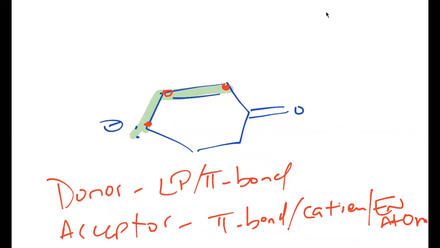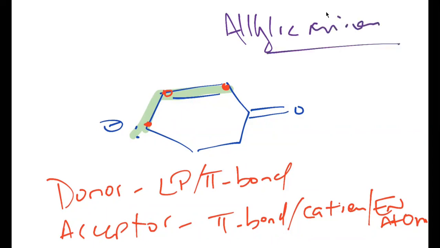Okay. All right. So now we've identified this as an allylic cation. I'm sorry, anion. Right. Where the electrons are going to go. This does not change. Once you find that pattern, it's the same exact flow of electrons.